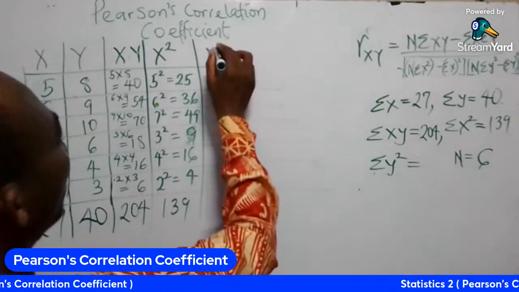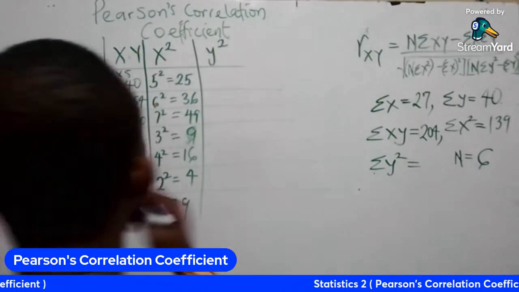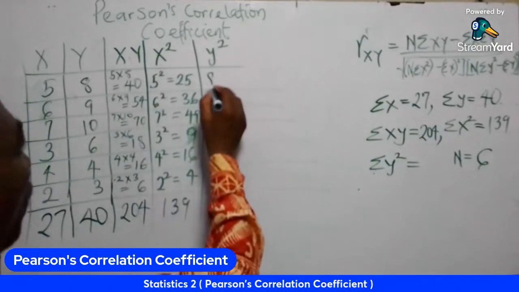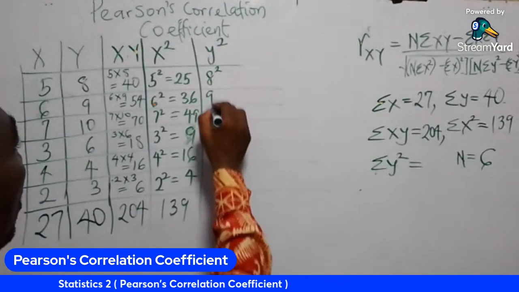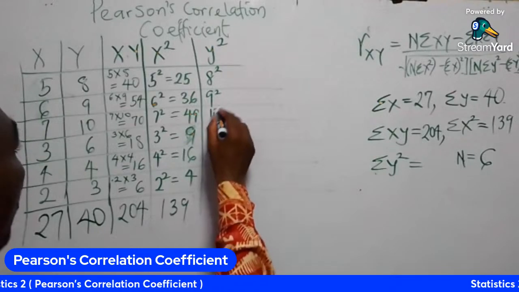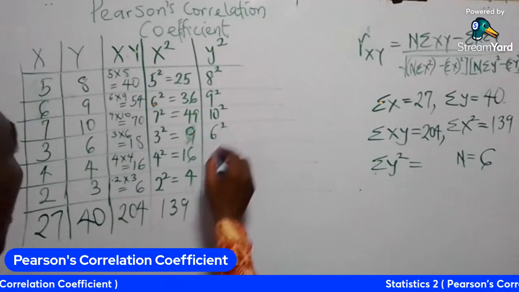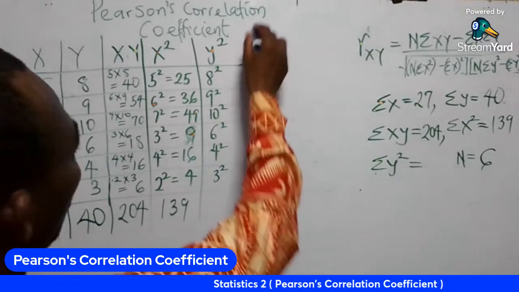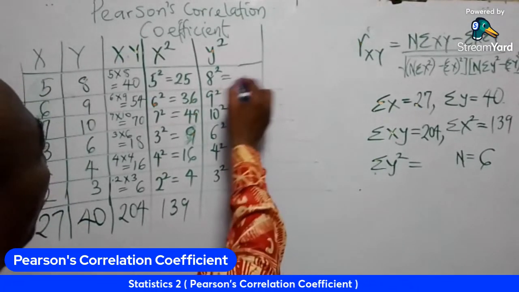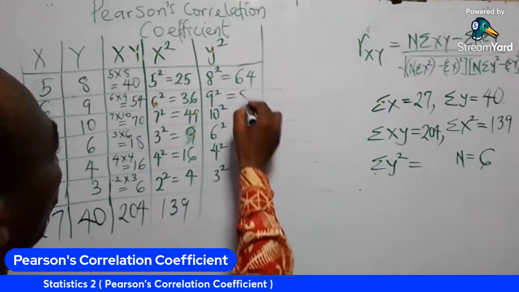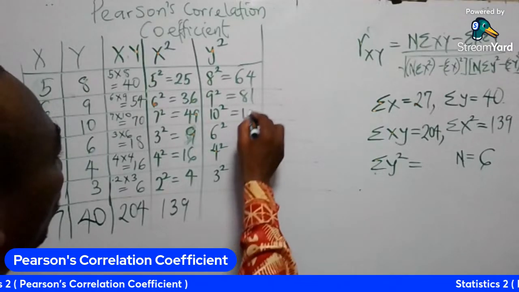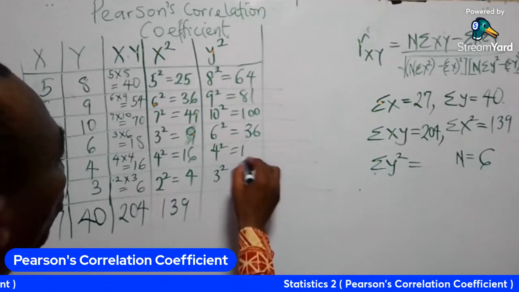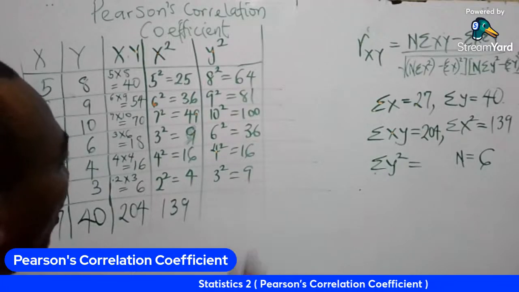So that means I need to get my y square. For my y square as well, I'm going to just square each of the y values. So that will be 8 square, 9 square, 10 square, 6 square, 4 square, 3 square. Can we go that quickly? 8 square is 64, 9 square is 81, 10 square is 100, 6 square is 36, 4 square is 16, 3 square is 9.